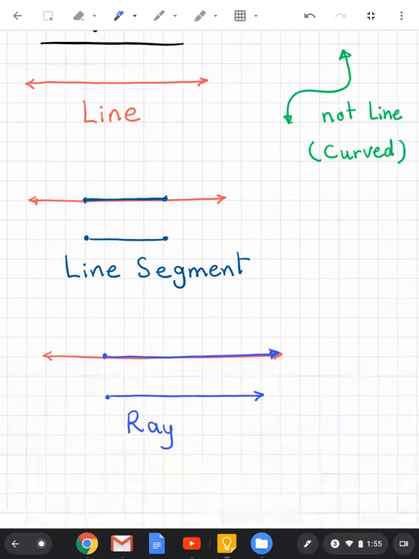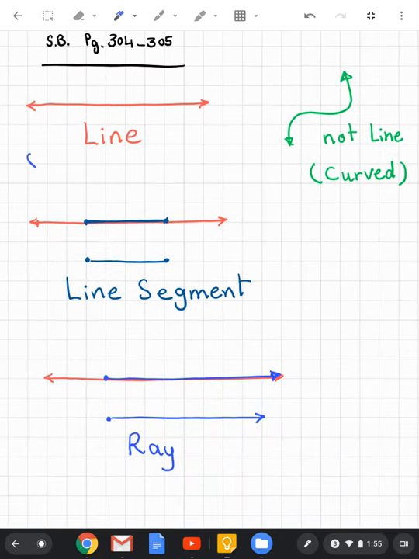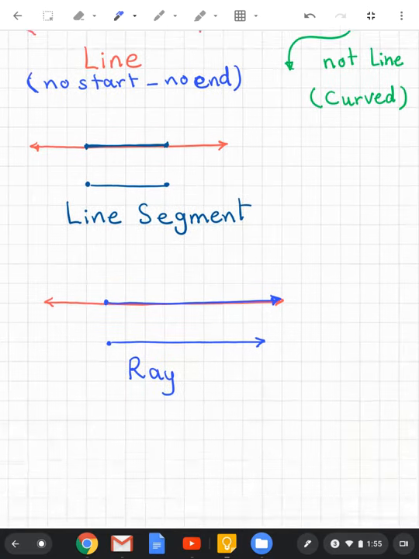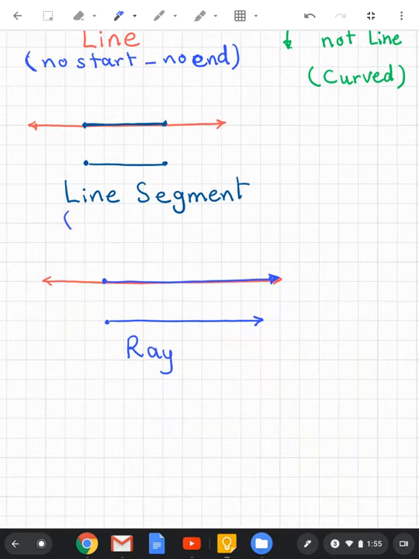So the line has no start and no end. The line segment has a start point and has an end point.